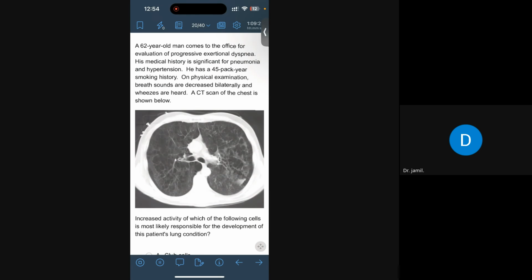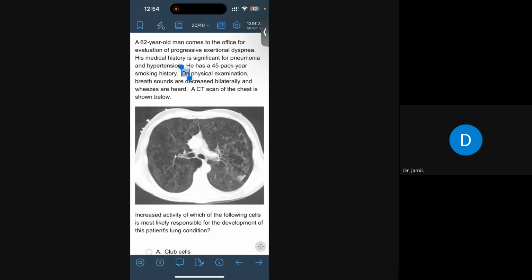Diagnosis? COPD. Wheezing is seen either in COPD or in asthma.